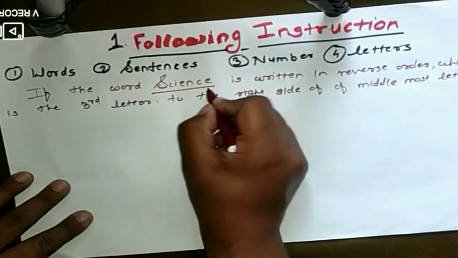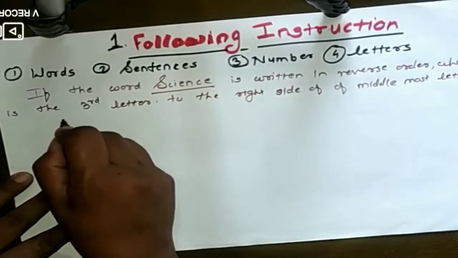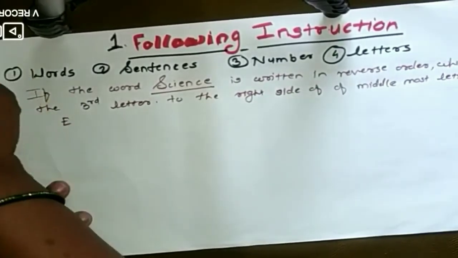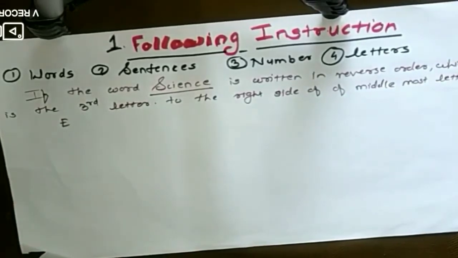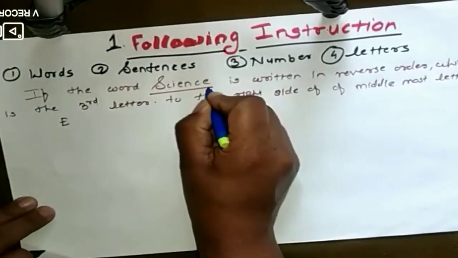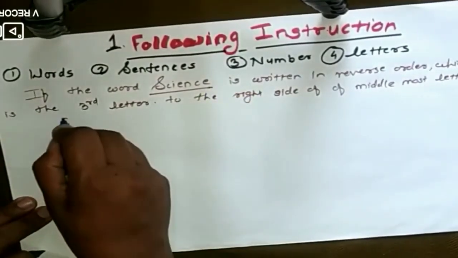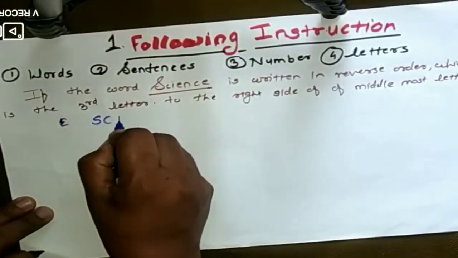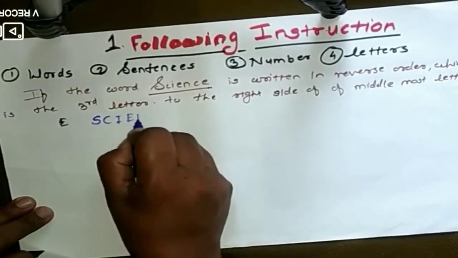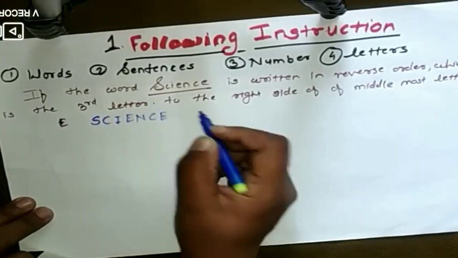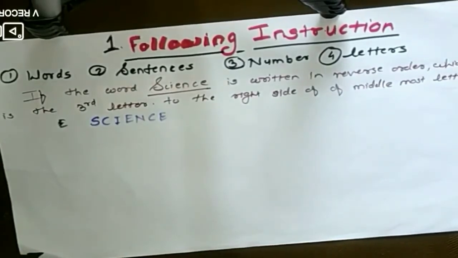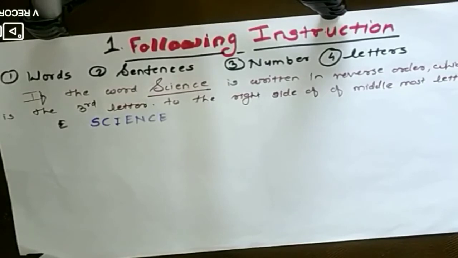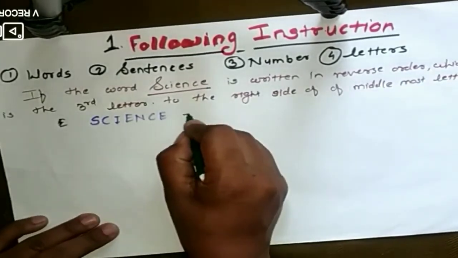The last letter is E. Science is spelled S C I E N C E. First I will show how to solve, and then I will tell you the trick.